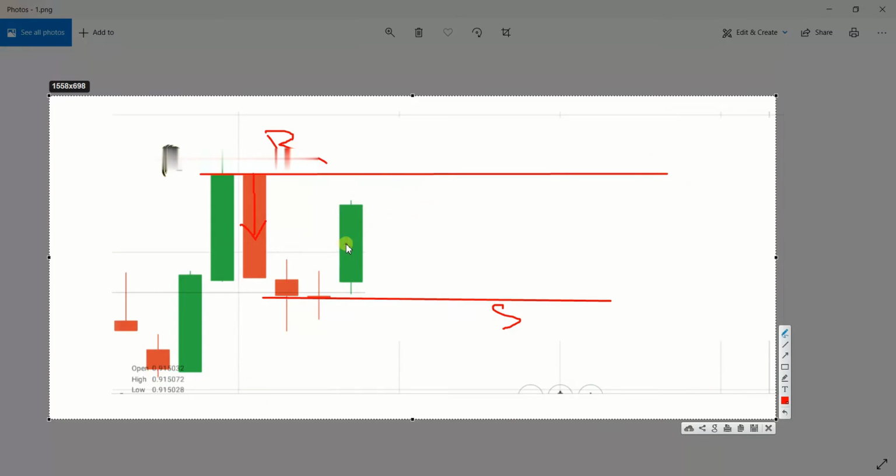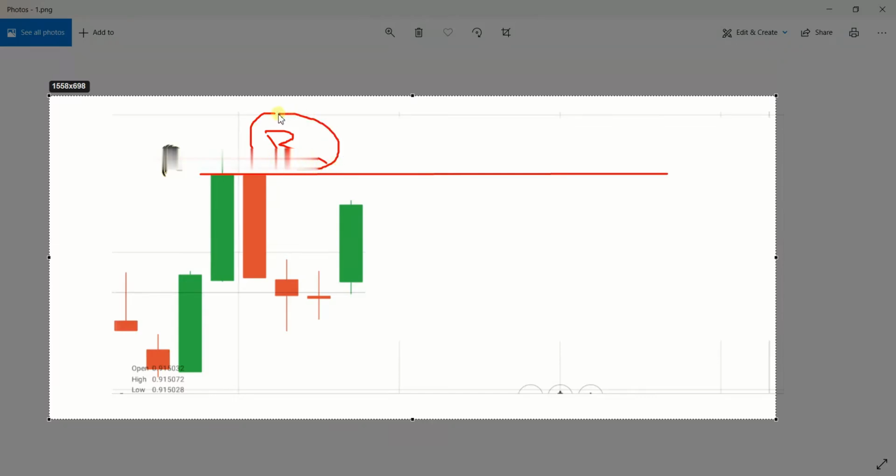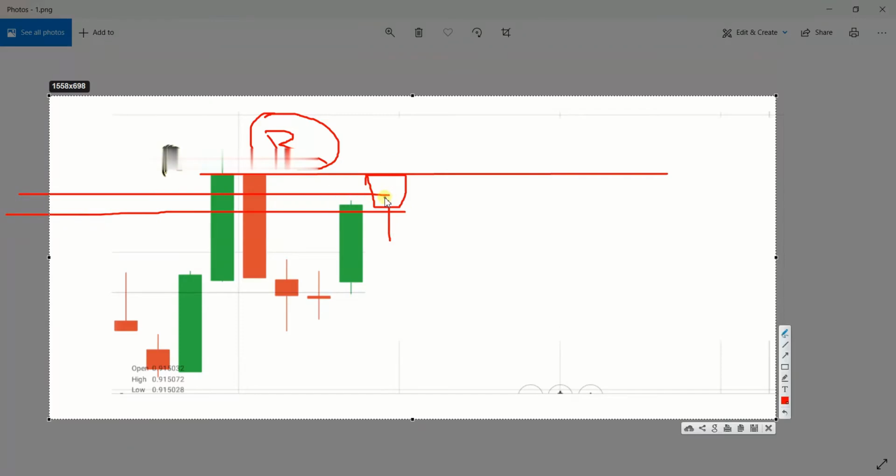Okay, so you can see the levels. The next level that we are seeing is this resistance level. There is a gap to the level, so we don't know what will happen. The market may fill the gap with a bullish candle, or in the past there might be a level or a trend line, so the market may reverse.